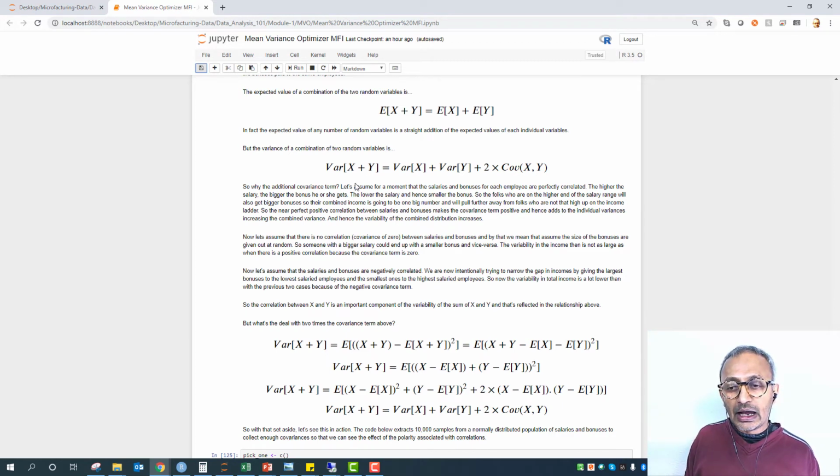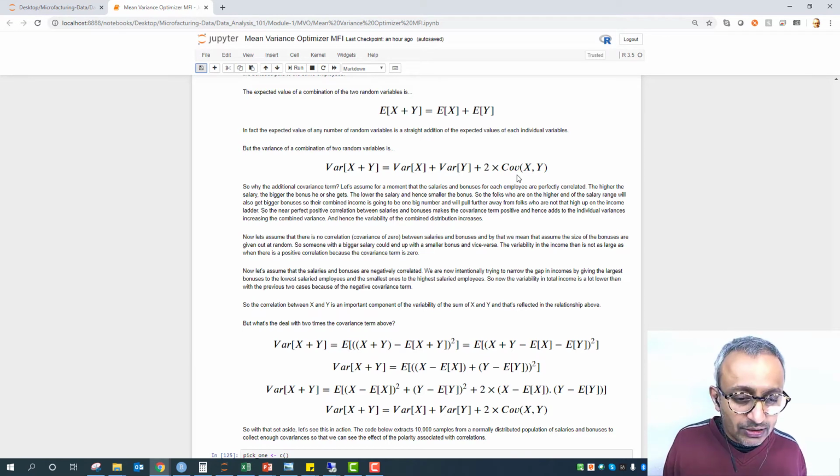And in that case, the covariance term is 0. And when would you have that? So let's say the bonus is basically distributed randomly, okay. Like there is no pattern to how bonus is given. So sometimes a very highly paid employee could get 0 bonus, and sometimes a very lowly paid employee could get a very large amount of bonus, right?